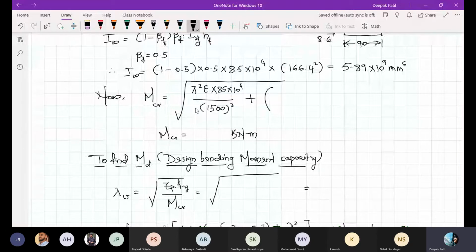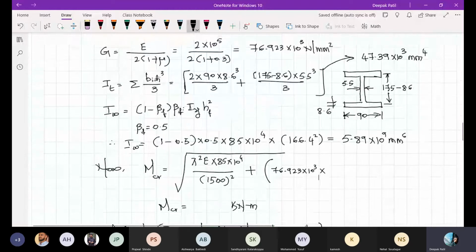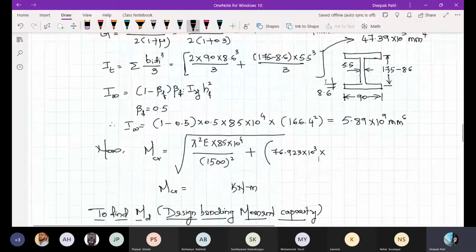Shear modulus is 76.923 into 10 raised to 3, multiplied by the torsional constant we have calculated, 47.39 into 10 raised to 3.